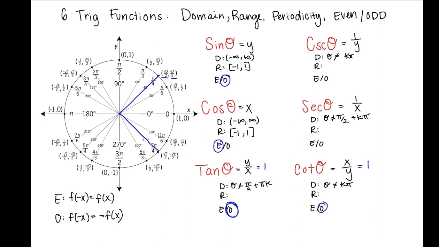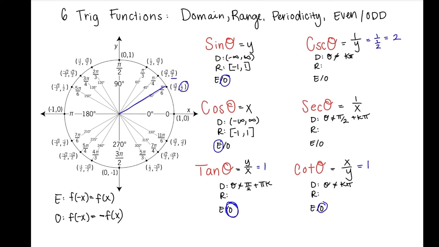Okay, now let's bounce back up to cosecant. So cosecant is 1 over y. Let's go back to 30 degrees. If I'm looking at 30 degrees, my y is 1/2. So my original cosecant of 30 degrees is 1 over 1/2, which simplifies to 2.